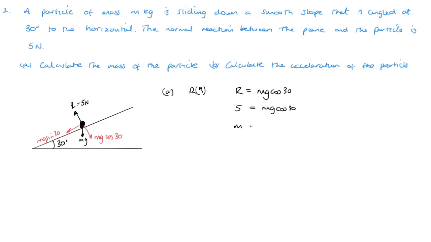So m is 5 over g cos 30. And that is 0.589 kilograms to 3 significant figures. Now, I will store that in my calculator as A.